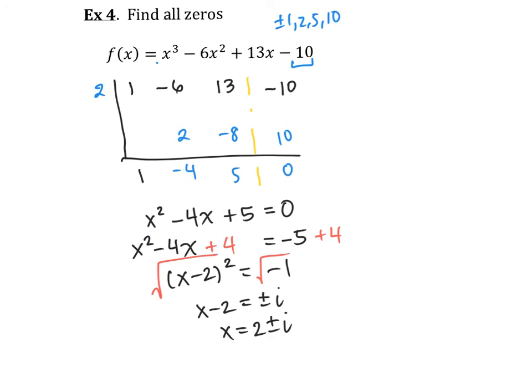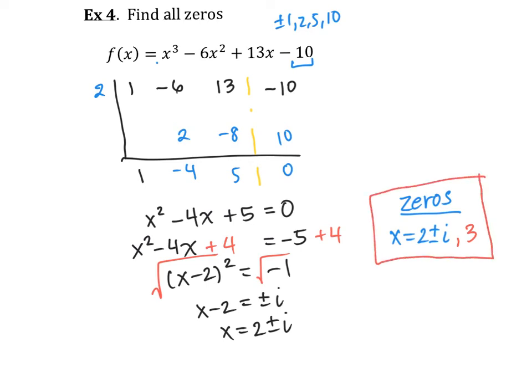Find all zeros. Make sure you list all 3 zeros, because I got x equals 2 plus or minus i. That's 2 of my answers, but I also have the original one I plugged in way up here. That's my 3rd zero. So if it's degree 3, make sure in your final answer you list all 3 zeros, including the one you found way at the beginning.